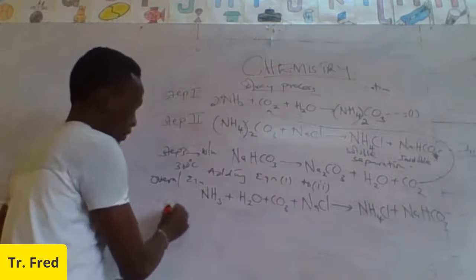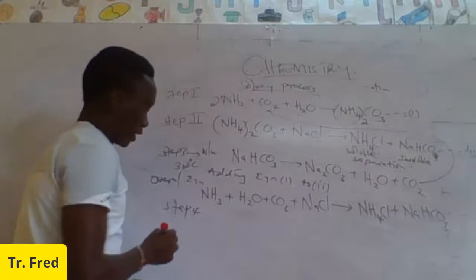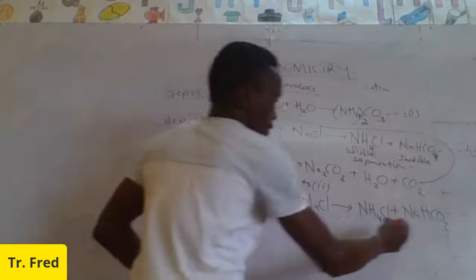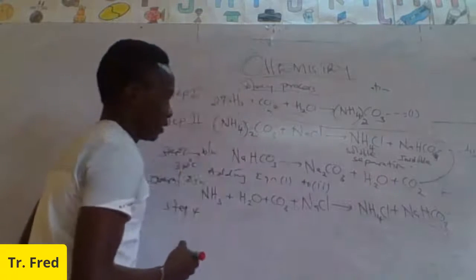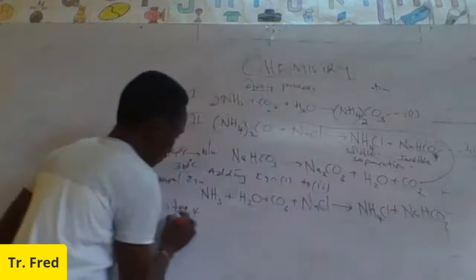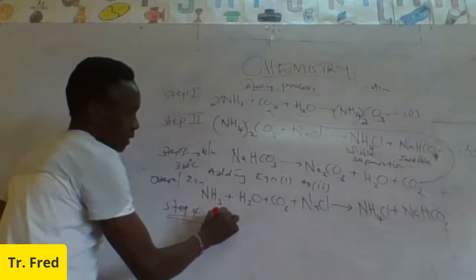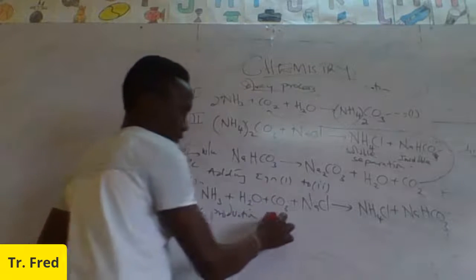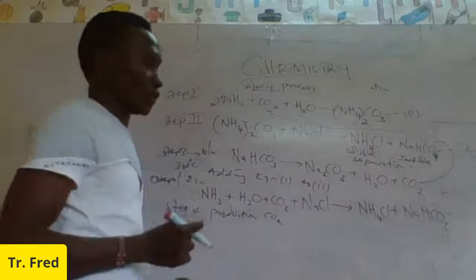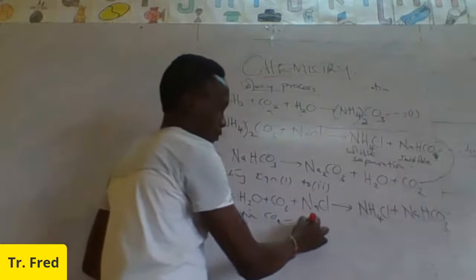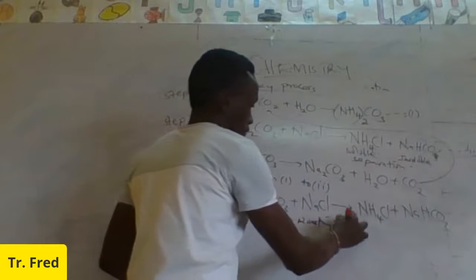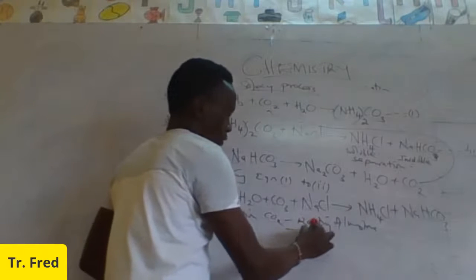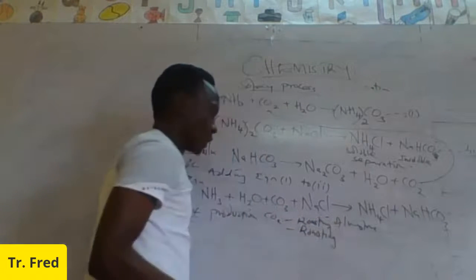Now the next step, which we can call step 4, involves the production of carbon dioxide. We have said that carbon dioxide is produced using 2 steps. One of the steps is roasting of limestone, and another one is heating of coke in the presence of oxygen.